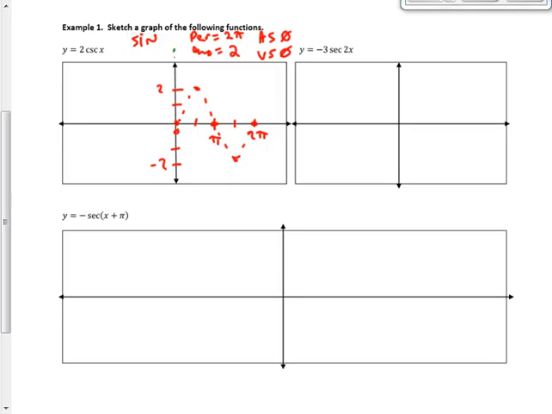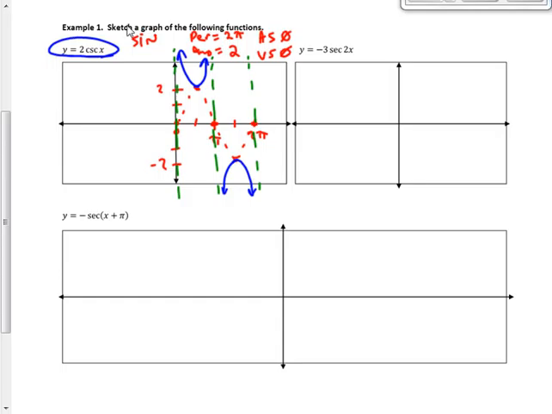I need to draw in asymptotes at places where this graph is equal to 0. And then I'm going to draw in my cosecant graph. So my cosecant graph is going to look like this, and that's one full period of the cosecant graph. You can put that same information to the left, but I want you to be able to do at least one full period correctly.